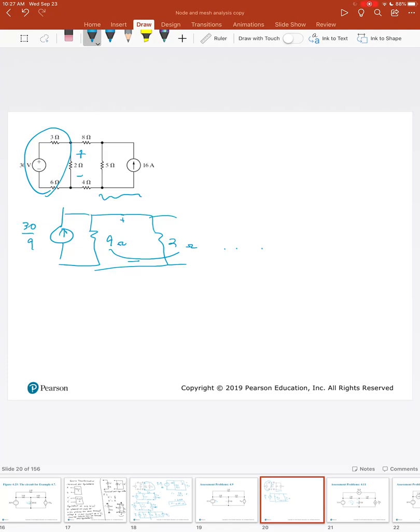So what I recommend is that you use source transformation as a way to reduce the number of nodes and/or meshes and/or change the type of source you have, so that you make the node voltage or mesh current method easier with fewer equations.